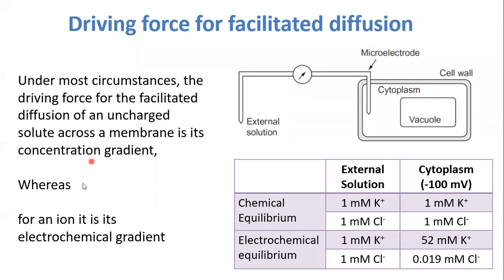If something is a solute, like they are not ions, they are compounds, they are molecules, then the charge gradient will not help. But when there are ions, the electric gradient can also help for the movement of those nutrients from one side to the other side.